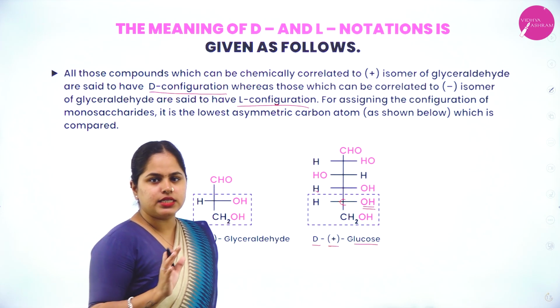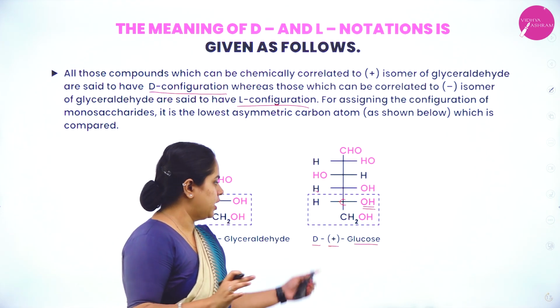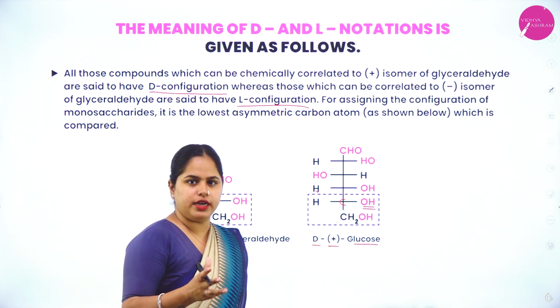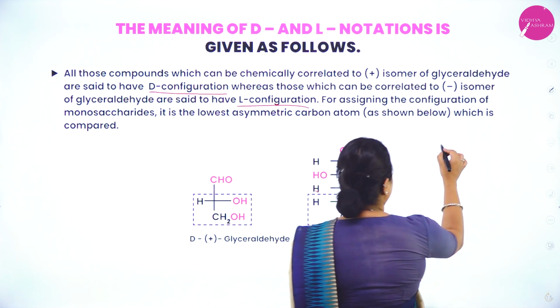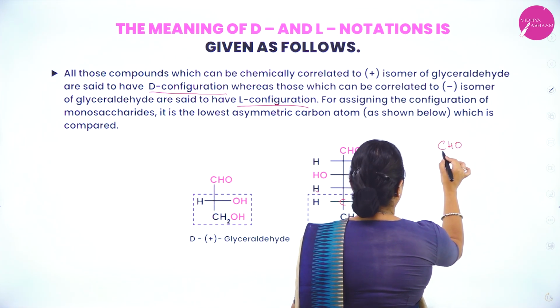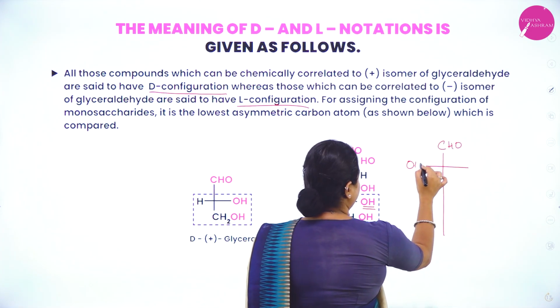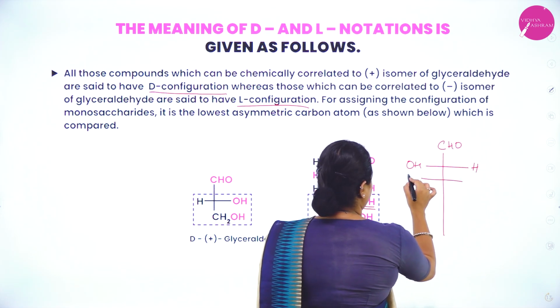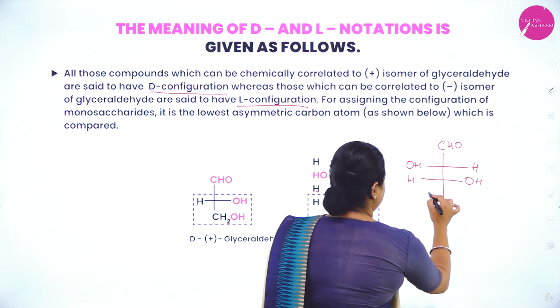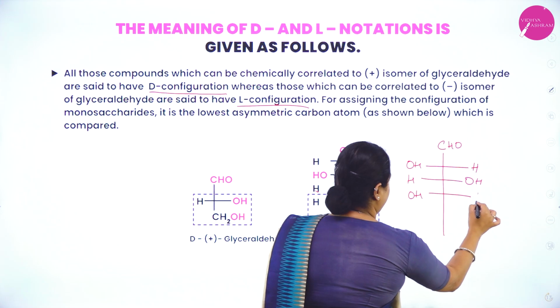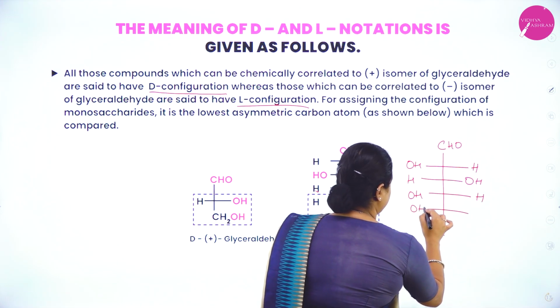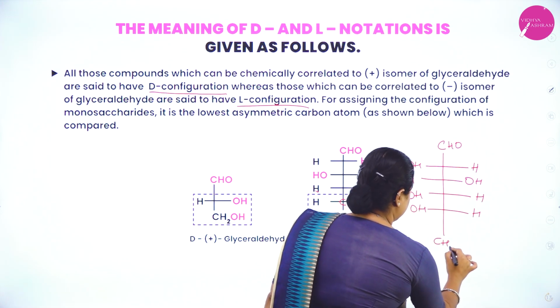So that is about the structure of glucose, and I hope you are clear with how to identify D. Now let's see the same one, CHO, and you have OH, H, H, OH, then you have OH, H, then you have OH, H, and CH2OH.